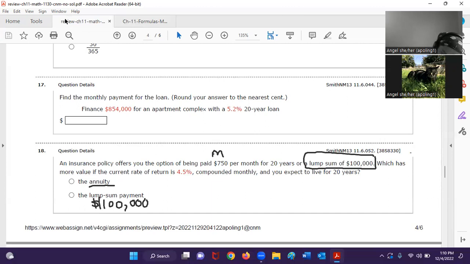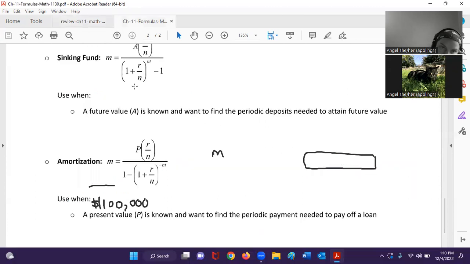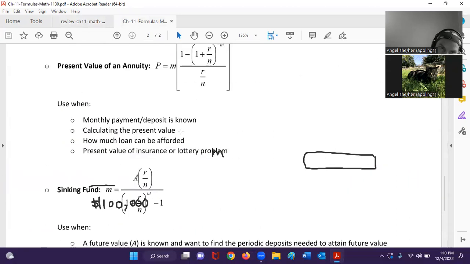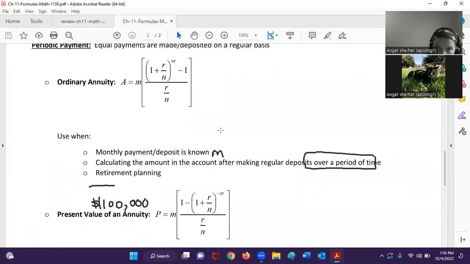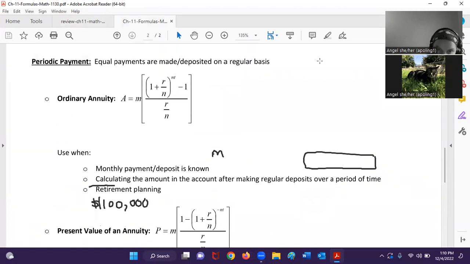So we need to look at an annuity where we want to know the future value of that annuity. So let's go look, because we don't want the present value. We want the future value.